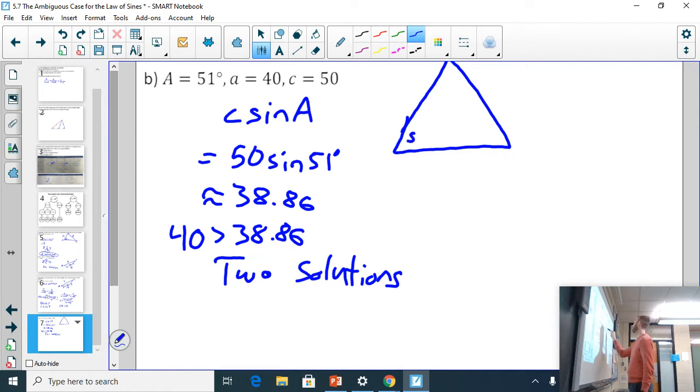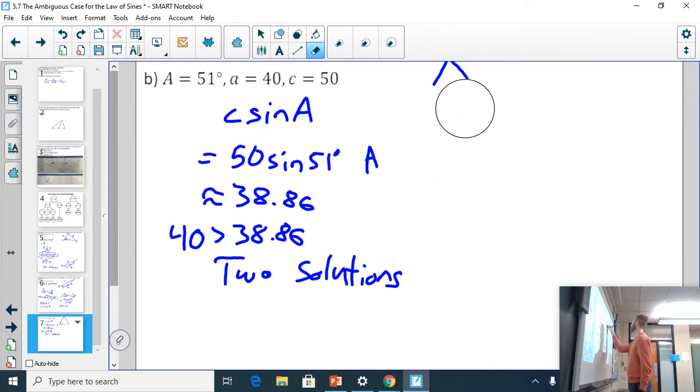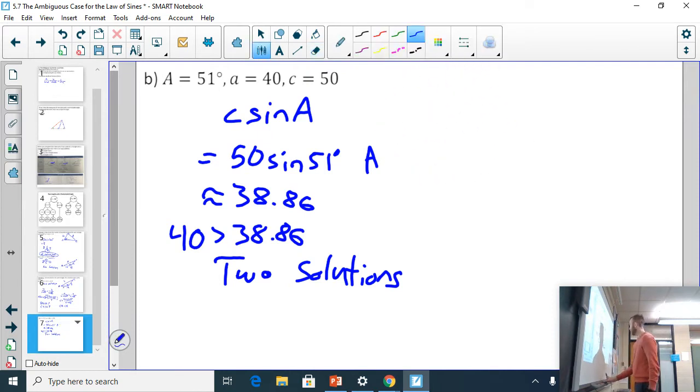So if that's 51 degrees, and again, it's not going to be a perfect sketch. Let me draw a better triangle really quick. I keep drawing it way up and over.